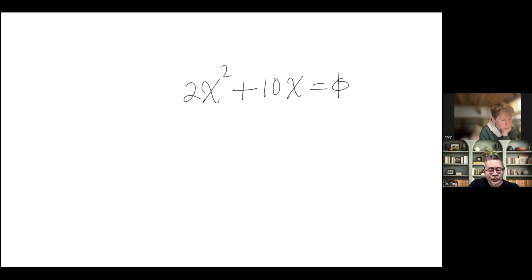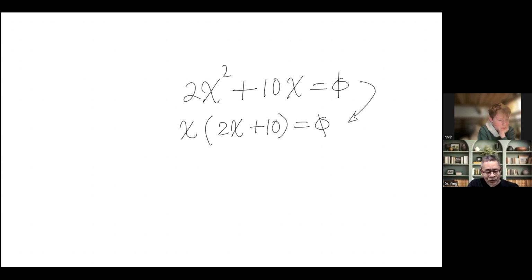Okay, well, let's see how we do this one. If we move x out, we got x. Then what's left is 2x plus 10 equal to 0. Now, are we good on this part? From here to here. So now, according to zero product property, then we have two scenarios.